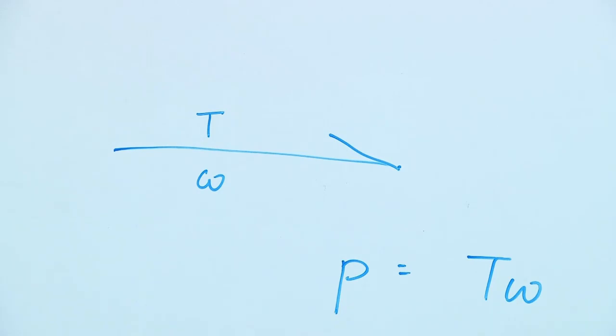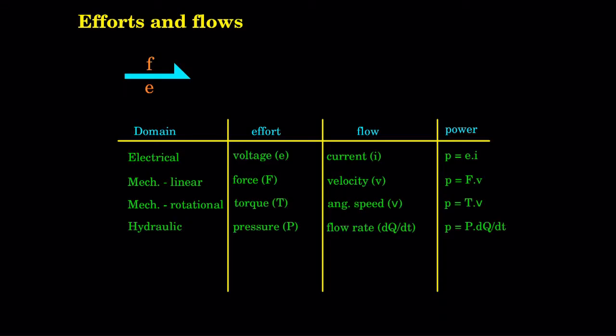Hydraulic: effort is pressure difference, pressure head. In some cases they will use head. Head is actually related to pressure. So, pressure is the effort variable and the flow is flow rate or discharge rate.